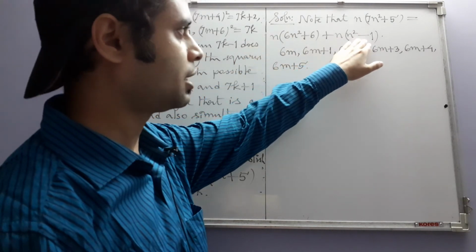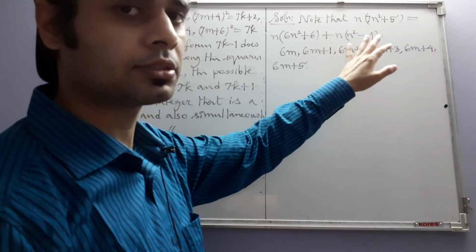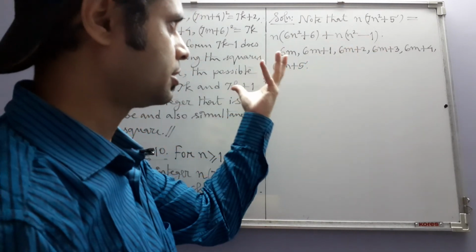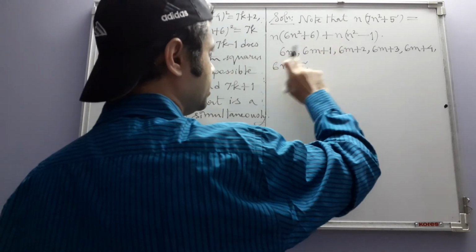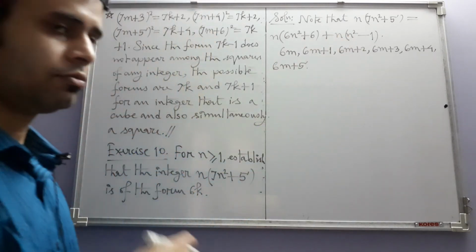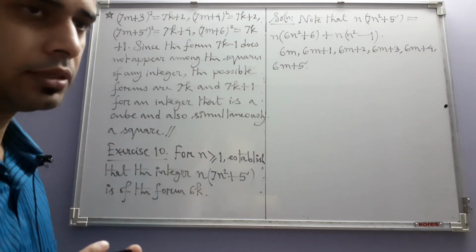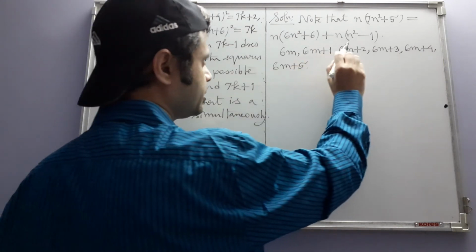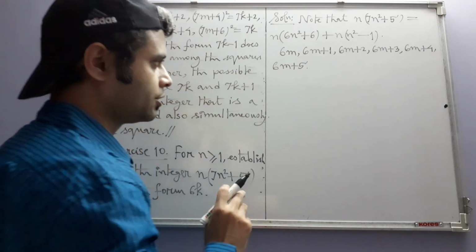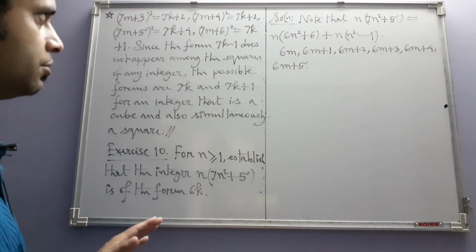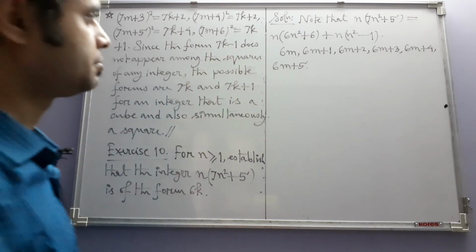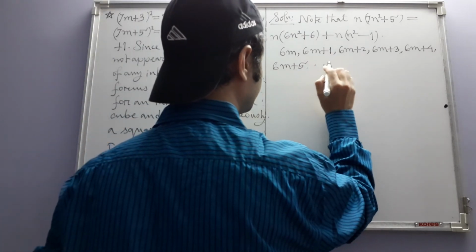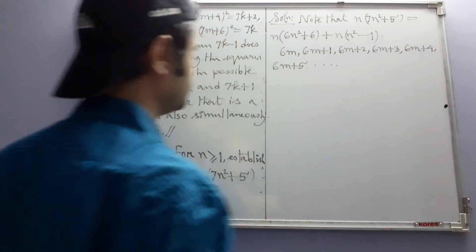We just want to make sure that this one is also of the form 6k, so that the total number will be of the form 6k. So you put each form here and verify for me that that is the case. At least here the calculation is not going to be that big if you argue like this. So this is left to you, it's incomplete.